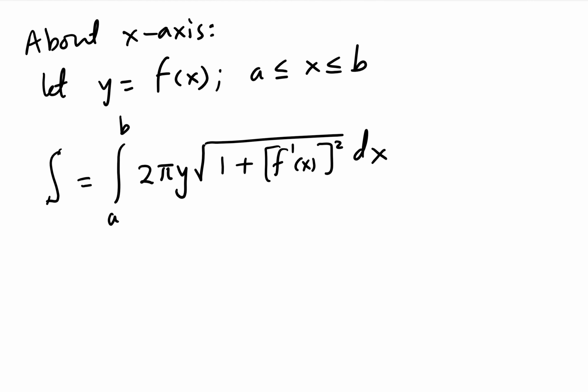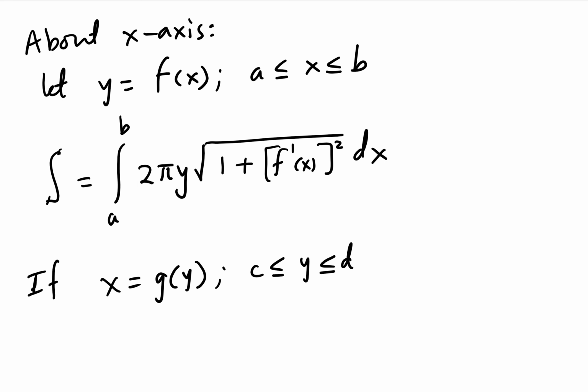And also, if it's given the other way, x equals g of y, where y goes from c to d, let's say, again still about the x-axis. So this is about the x-axis in both cases.